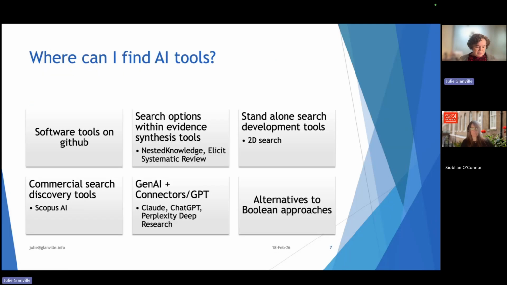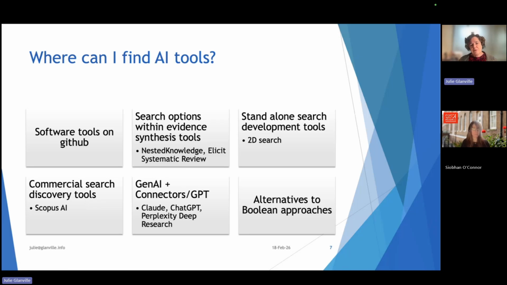So I'm going to talk about various things. I'm going to talk about where we can find AI tools, and I'm going to look at different types of AI tools. So I'm going to look at software tools on resources like GitHub. I'm going to look at search development options using AI within some of the evidence synthesis tools that are available.